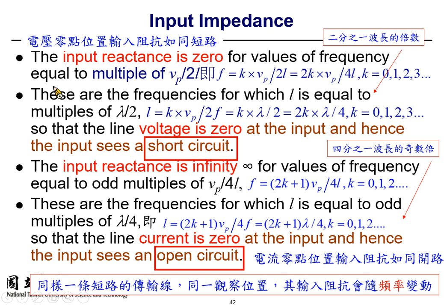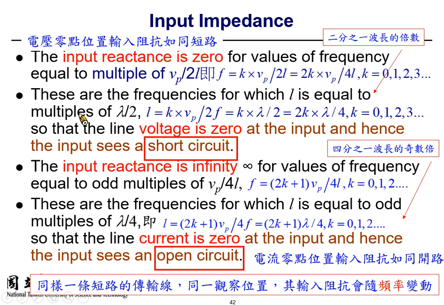So the input reactance is 0 for values of the frequency equal to multiples of Vp over 2L. Those are the frequencies for which the length L equals multiples of half wavelengths.